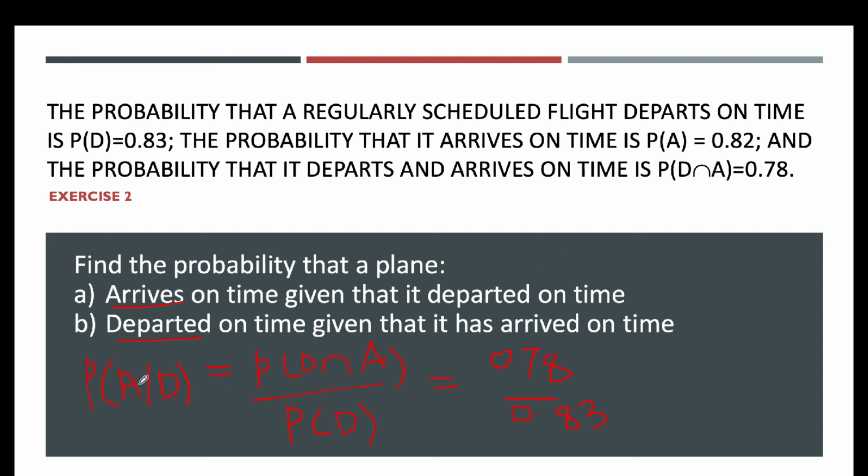Even if they want the plane to arrive or to depart, as long as the probability that it departs and arrives on time is consistent, the value for this one should be the same, except this one, which is P(A). So for question B, you just change the D here.